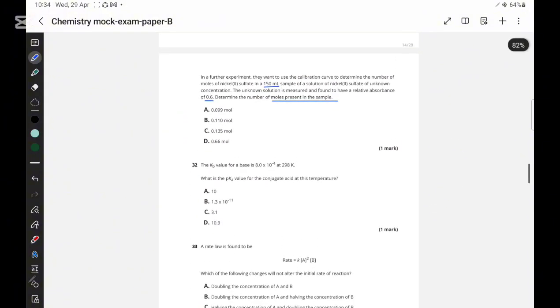If they are 0.66, we have a formula: mole is equal to concentration times volume.